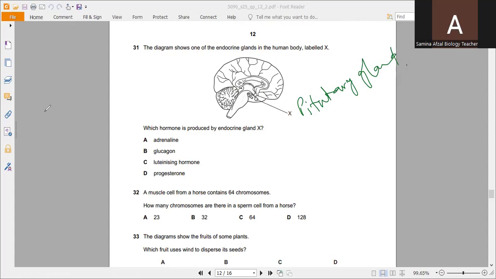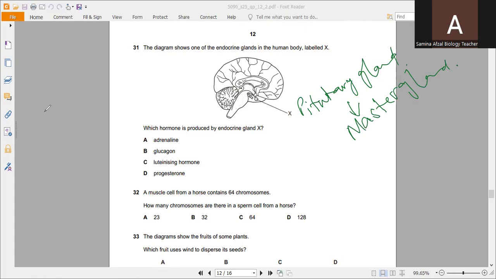We say that it is the master gland, so it controls many functions. The pituitary gland produces several hormones, including luteinizing hormone, follicle stimulating hormone, and growth hormone.